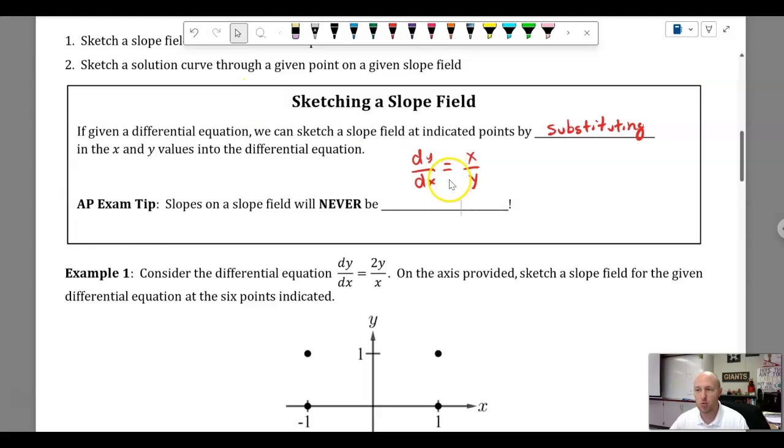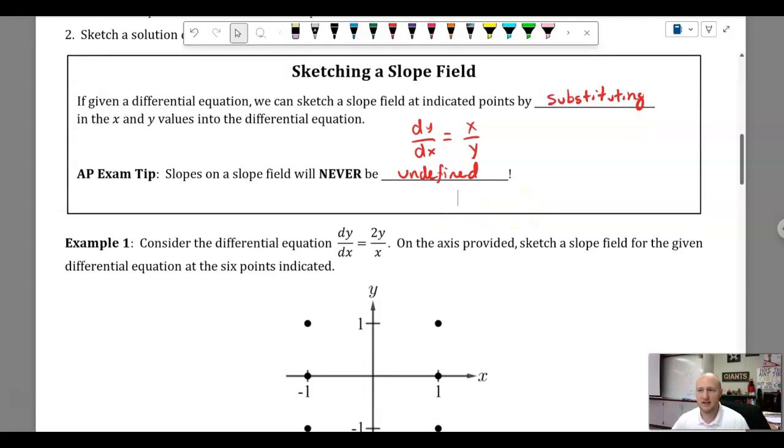This is a slope, and I can calculate the slope by plugging in the x and the y value. Very important to note, slopes on a slope field will never be undefined. So if there's a dot there, then you'll never have an undefined value. Usually what they do is they leave out the undefined values, and so we'll look at that.